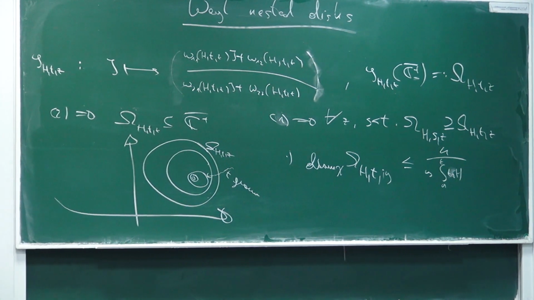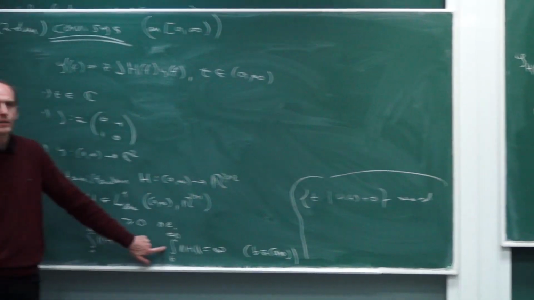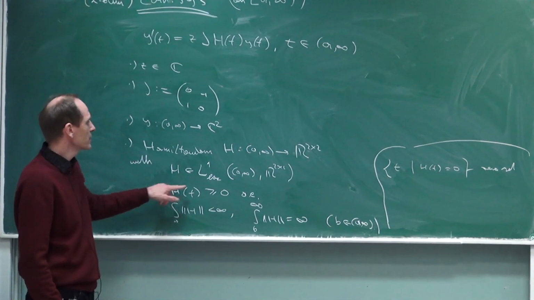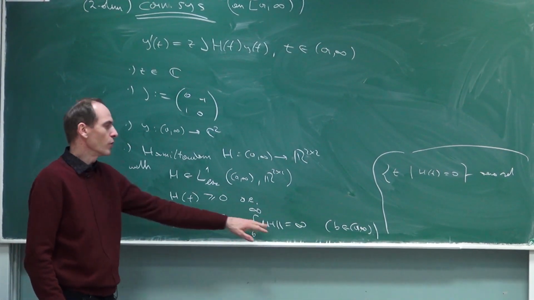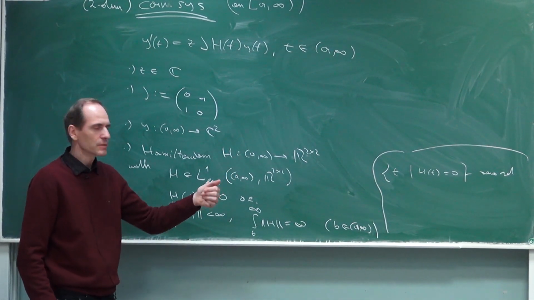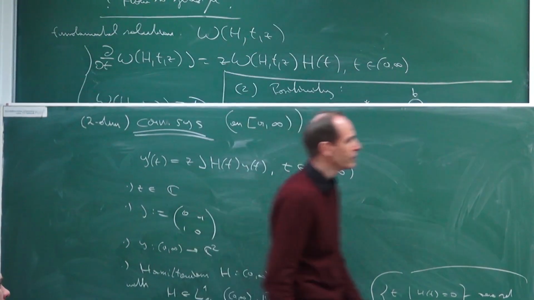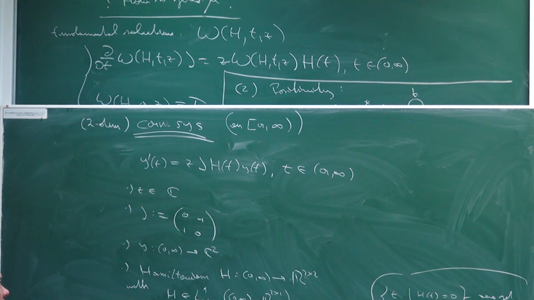We have assumed that h is not integrable towards infinity. I mean, h is a non-negative matrix, so the norm is roughly its trace. So the trace is not integrable at infinity, so you see that when t goes to infinity, that goes to 0.